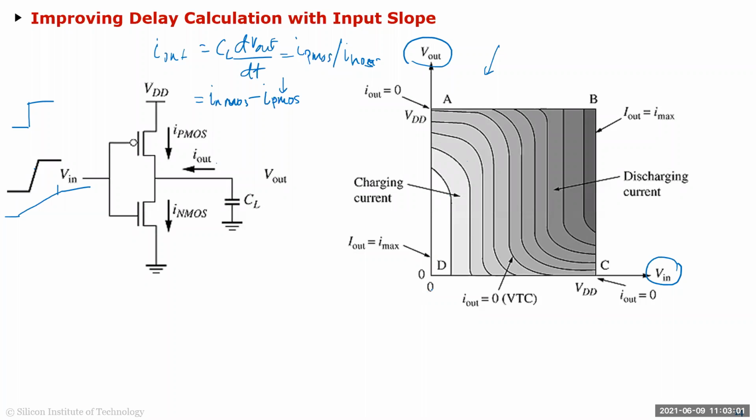So when your input is 0, output is VDD, then obviously there is no current flowing, there is no I out. And when your input is VDD and your output is 0, that means it is settled, so there is no current either. So you have I out 0 in both cases. This is the two settled case.